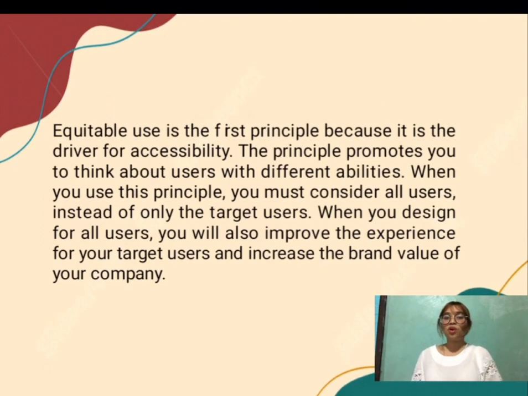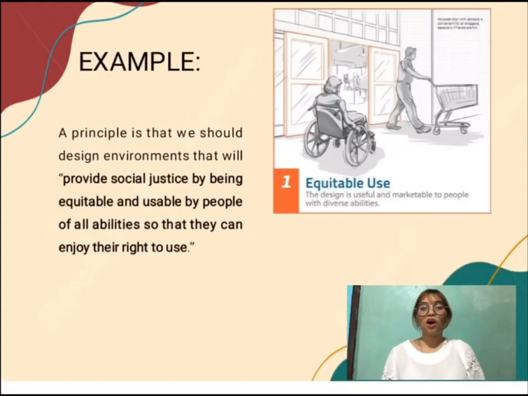When you design for all users, you will also improve the experiences for your target users and increase the brand value of your company. This is an example of equitable use: a principle that we should design environments that will provide social justice by being equitable and usable by people of all abilities so that they can enjoy their right to use.